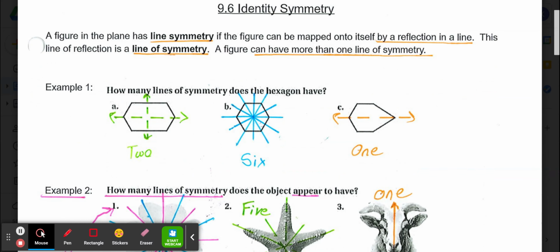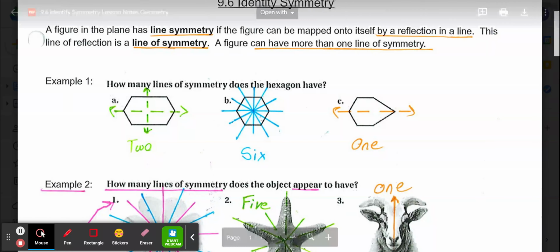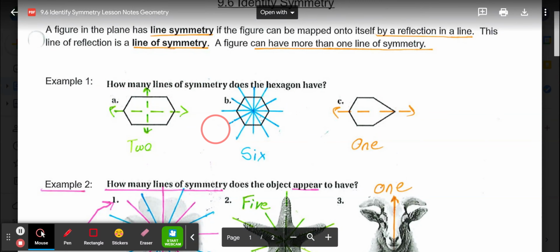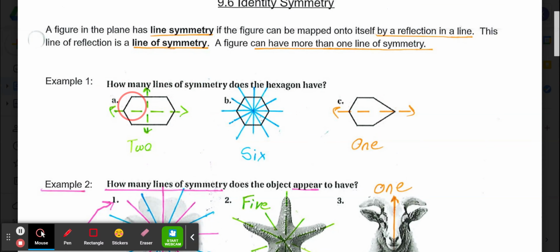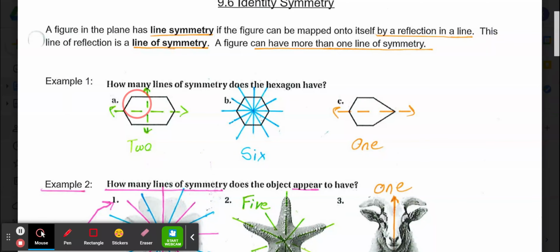If we look at example 1, it simply asks how many lines of symmetry the hexagon has. We have 3 different hexagons, A, B, and C. Hexagon A has 2 lines of symmetry. One is vertical, where if we fold over that line, it would map onto itself, and one is horizontal, where if we fold over that line, the top and bottom would map onto each other.